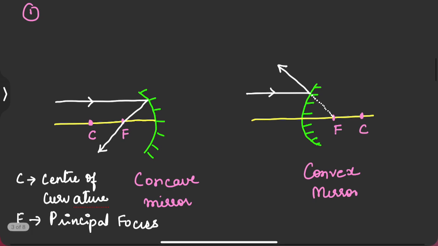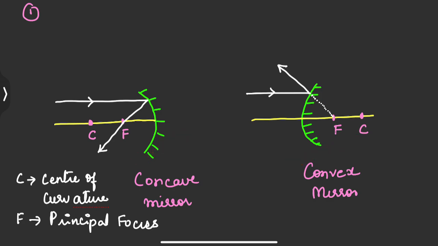The incident ray which is parallel to the principal axis will get reflected so that it appears as though it is coming from the principal focus. Can you see? From the focus it appears as though they are getting reflected. So this is the first standard incident ray.